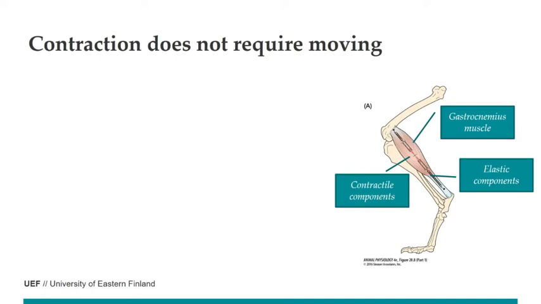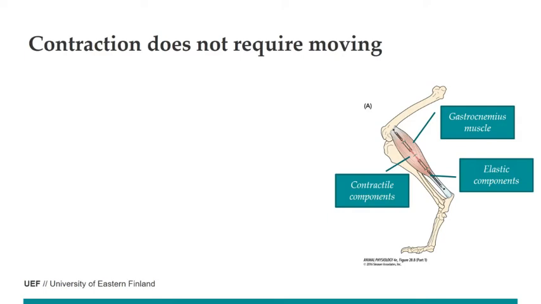When you are picking particles from the floor, you are bending your knees, and then you have muscles that are contracting, like the gastrocnemius muscle or soleus muscle at the back of your leg.